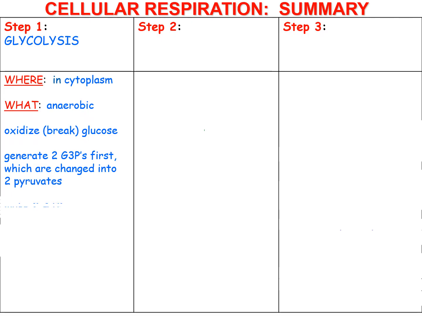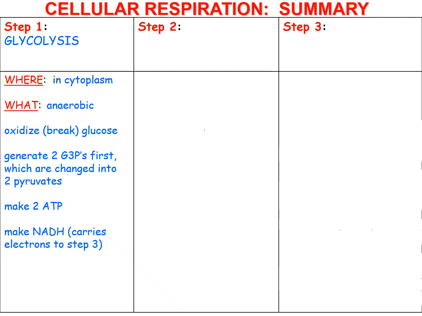And it makes 2 ATPs, and it makes NADH, which is a carrier and carries electrons to step 3. One thing I did not mention in the chart yet was that 4 ATPs are used in glycolysis. 2 is a net gain. 2 ATPs are spent to make glucose into pyruvate.